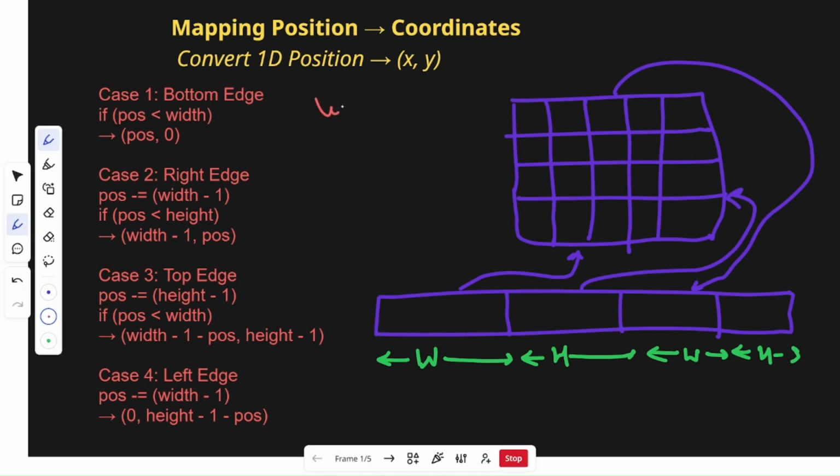We know the current position in the 1D array, and we need to convert it into 2D xy terms. For that we just need the current position.